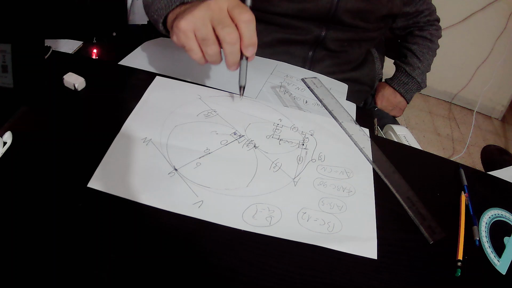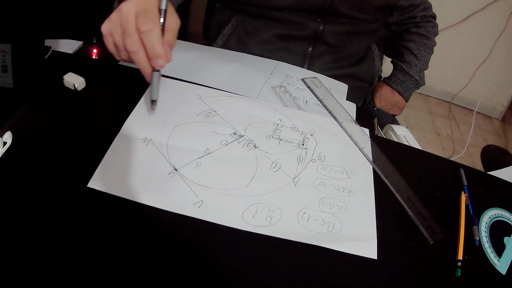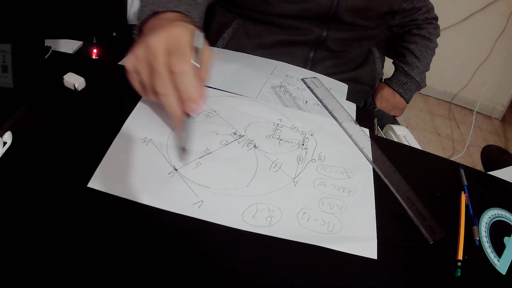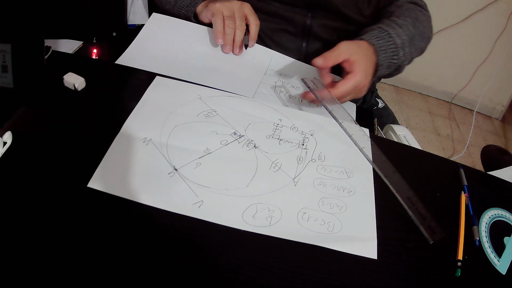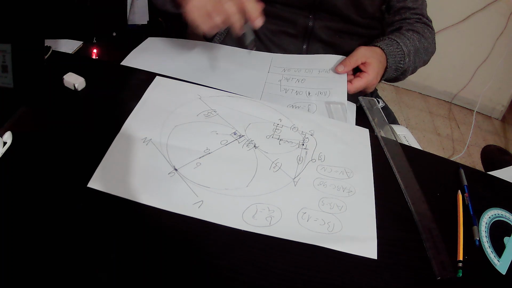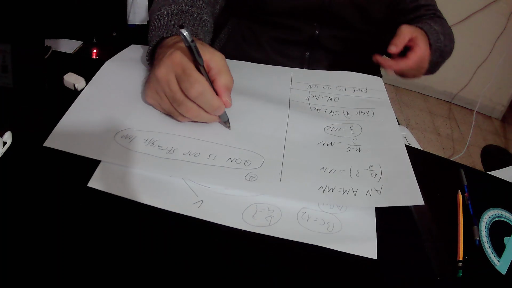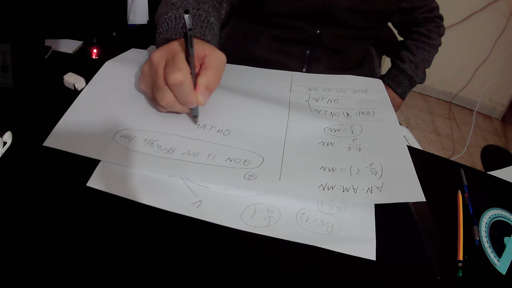And whenever you have a radius drawn to the point of tangency, then tangent VW will be perpendicular to the radius UQ. So you can write here that QU is perpendicular to VW, the radius QU is perpendicular to tangent VW.